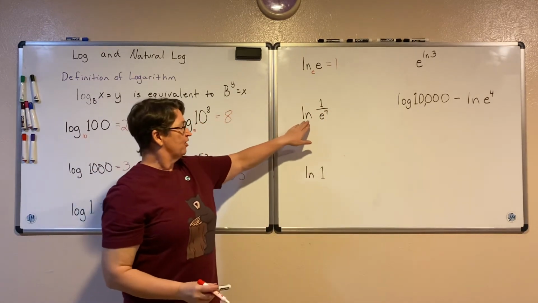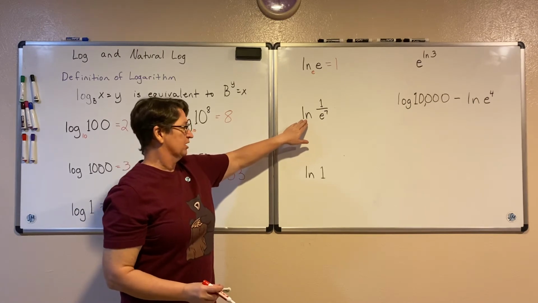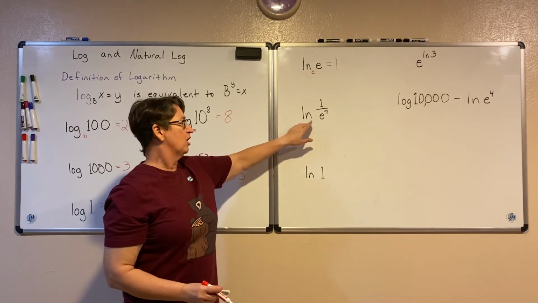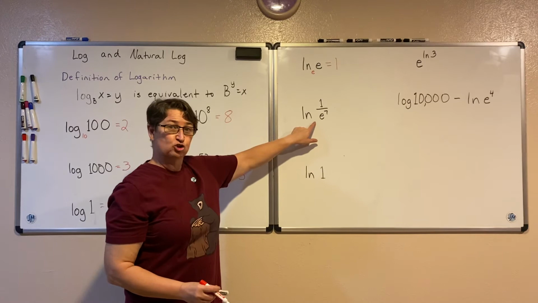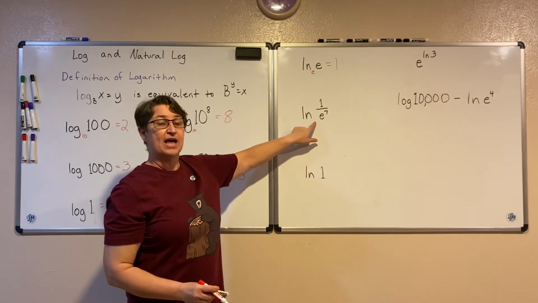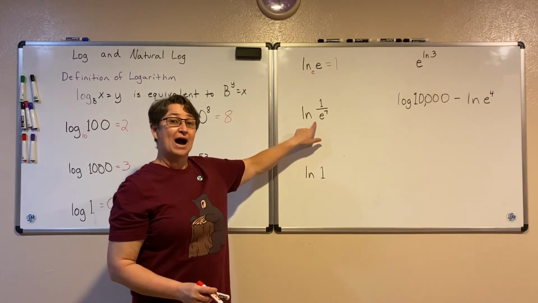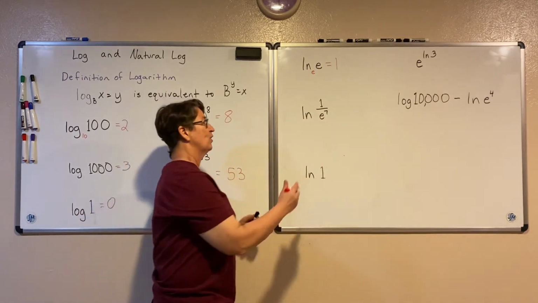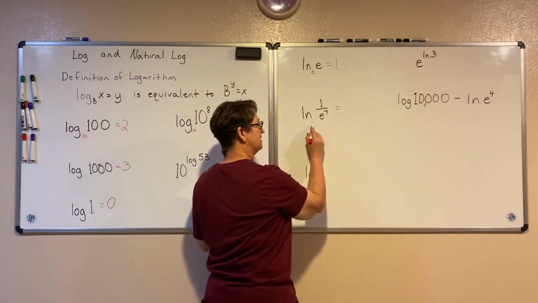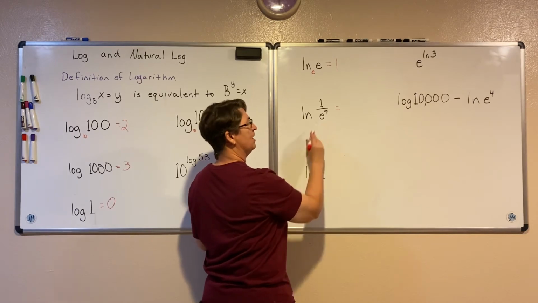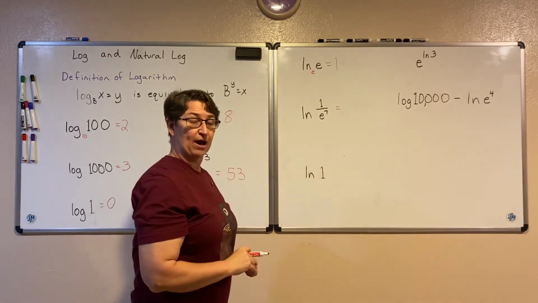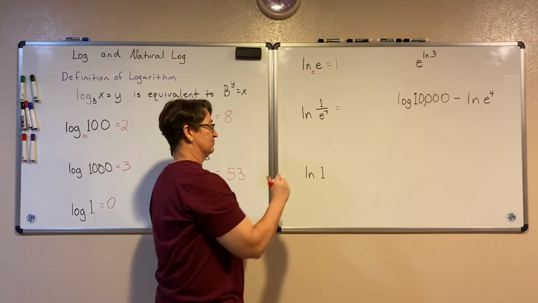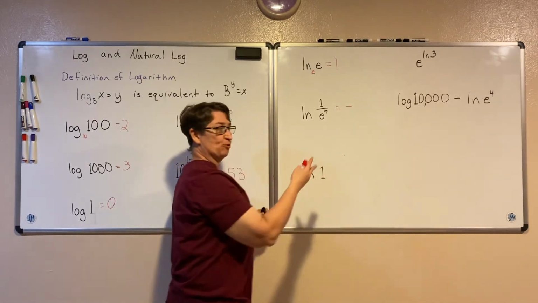Again, here I have the natural log, so I have an understood base of e. And I'm asking, e to what power gives me 1 over e to the 7th? When I see my base in the denominator, I immediately think I'm going to have a negative exponent to reciprocate it.